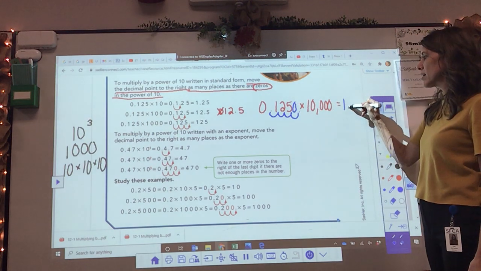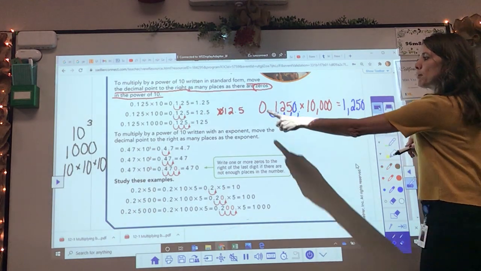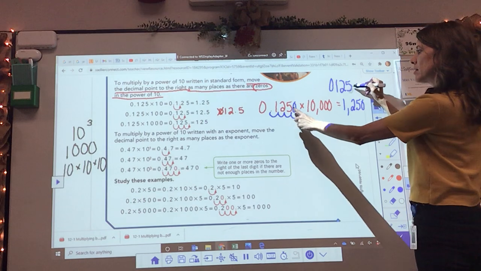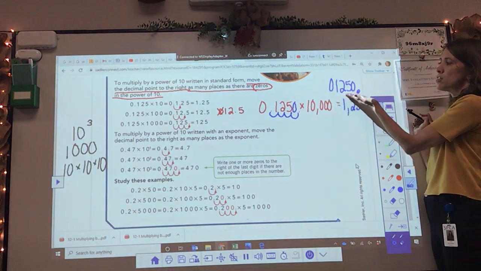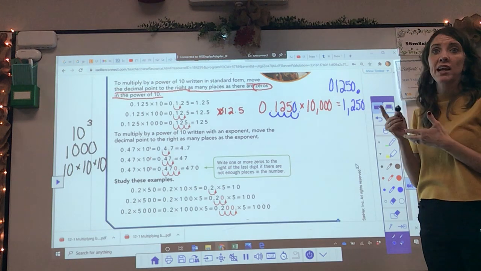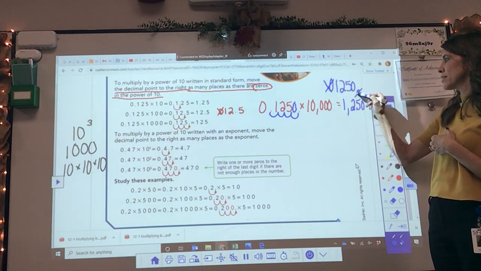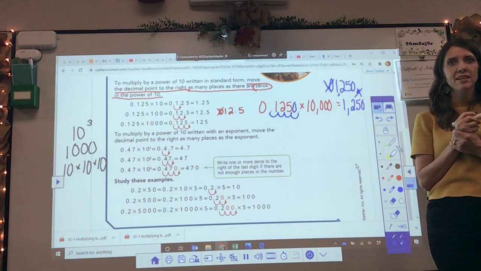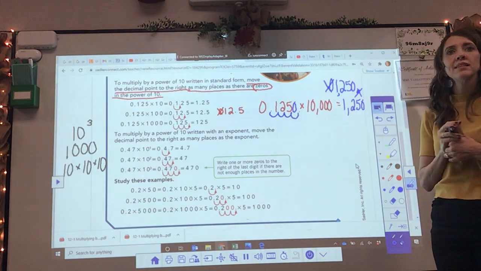So 1,250. Now if you just copied this, it would be 0, 1, 2, 5, 0, decimal point, right? But you can change this to a more standard way of writing it. You don't need this 0, and you don't need a decimal at the end either. You need to put a comma in. Does that make sense? Change what you end up with to what makes the most sense.